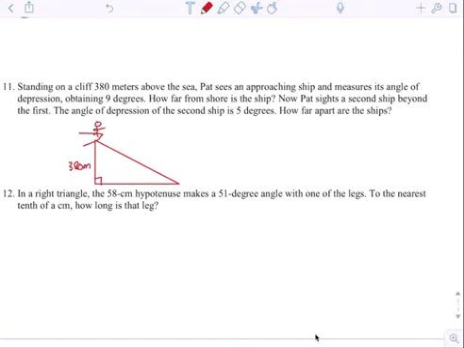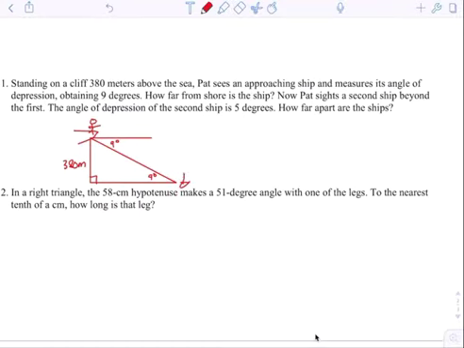Pat sees an approaching ship and measures its angle of depression, obtaining 9 degrees. So here's the angle of depression, which right here is 9 degrees, which means the angle of elevation is also 9 degrees. And here's our ship, right? How far from the shore is the ship? So that means we are trying to find this x value.